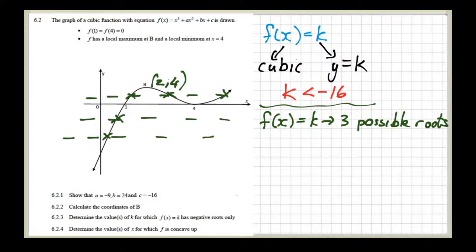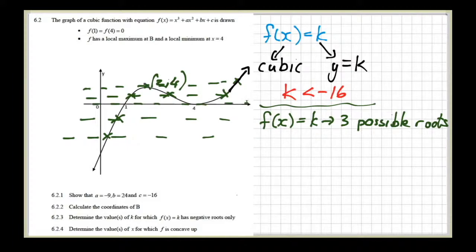But the thing is, I can only do that up to that point of B, because there it would cut the graph twice if I extend the graph there. But also, it would cut twice if I draw exactly on the other turning point.